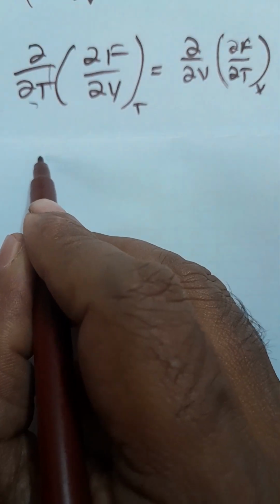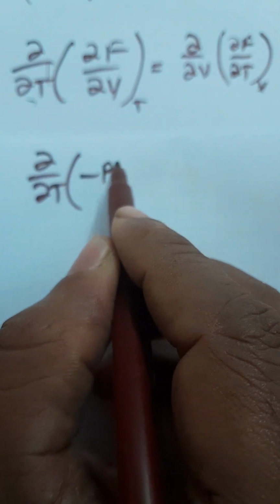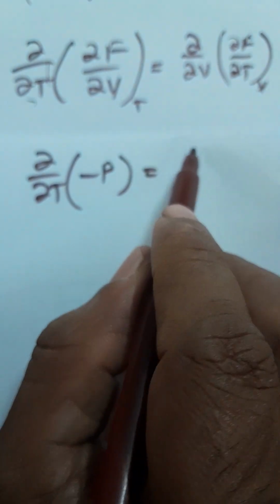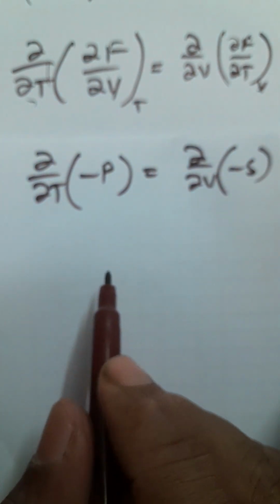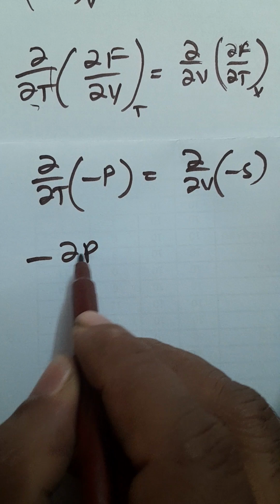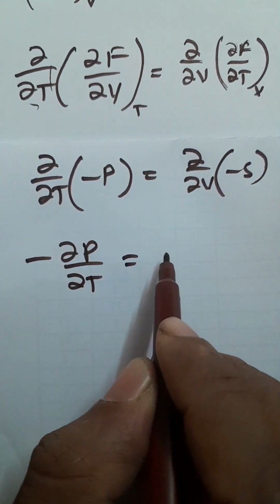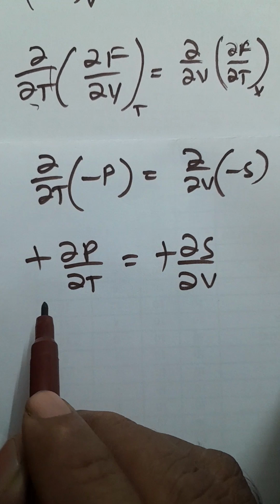Now again we will consider these two. Dou by dou T of this value, minus P, equals dou by dou V of the other value, minus S. Therefore minus dou P by dou T equals minus dou S by dou V. Minus minus cancel.